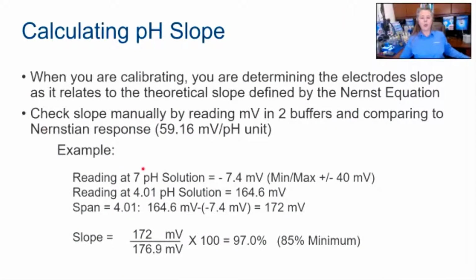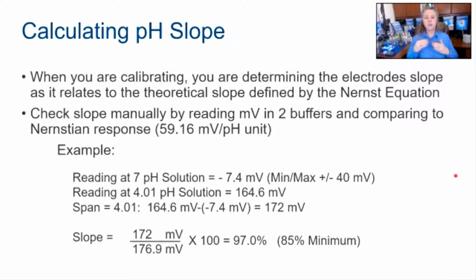It basically tells you that for every change in pH at a specific temperature, and the example we're going to use right now is at 25 degrees Celsius, every change from one pH unit to the next has a difference in voltage of 59.16 millivolts. So if I measure a signal at pH 7 and a signal at pH 8, there should be a 59.16 millivolt difference in that measurement.